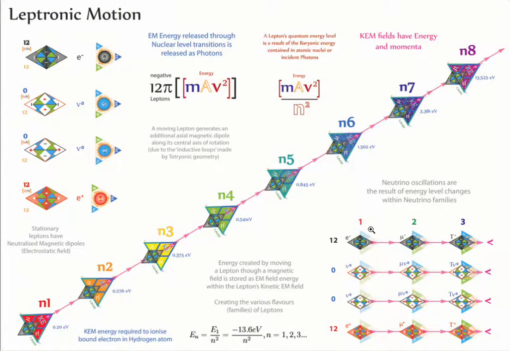In fact, the changing or the acceleration of the lepton family and the changing mass energies of their chem fields is what's classically described within quantum theory as neutrino oscillations.